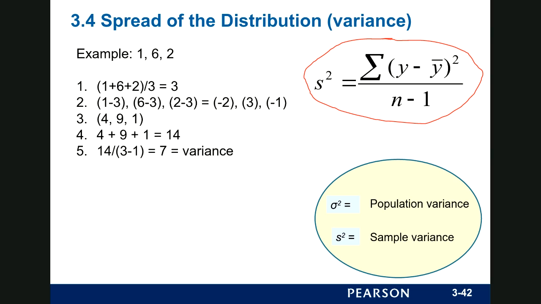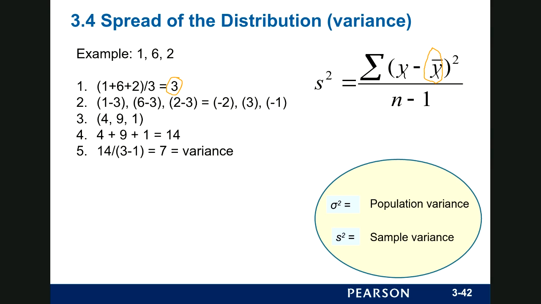One more thing I have to do first is fix this into x because I'm used to using x. So first, I'm going to calculate my x bar, the sample mean. We have 1 plus 6 plus 2 divided by the number of observations, 3, which is equal to 3. So we have x bar.